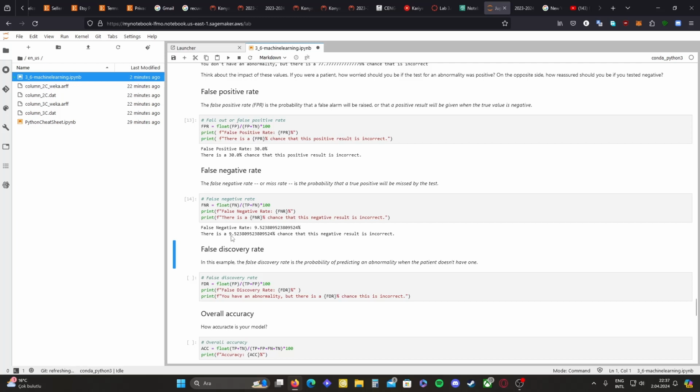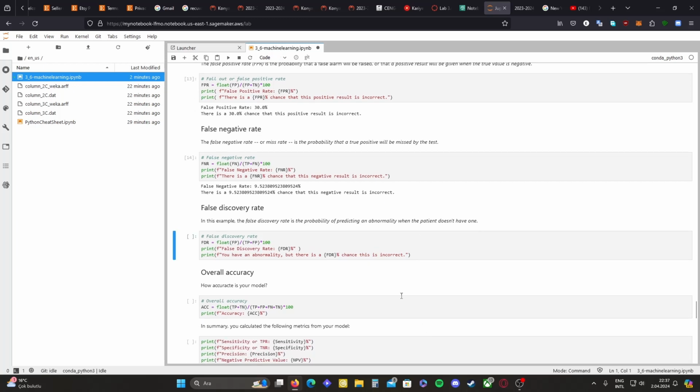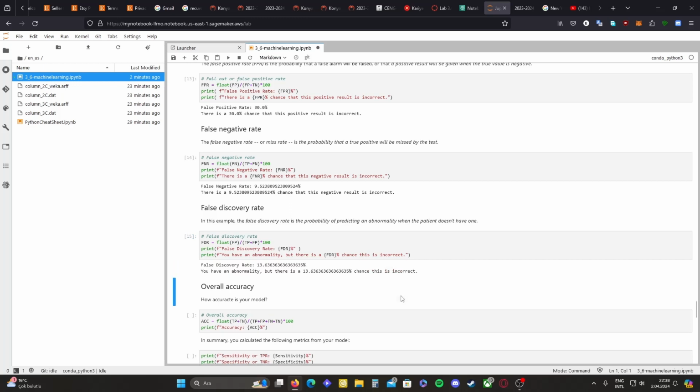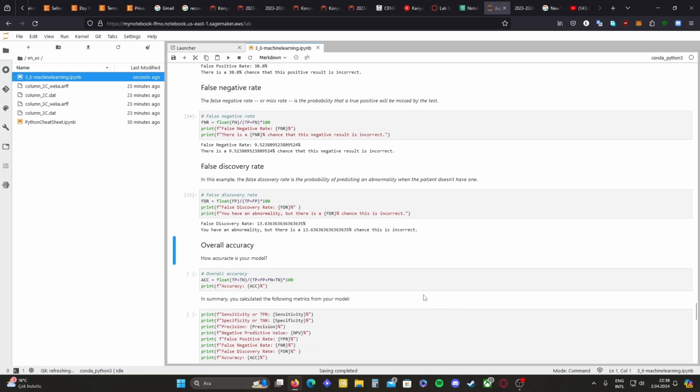The false discovery rate, in this example, is the probability of predicting abnormality when the patient doesn't have one. We have 13.6 something percent, and there's this percent chance this is incorrect.